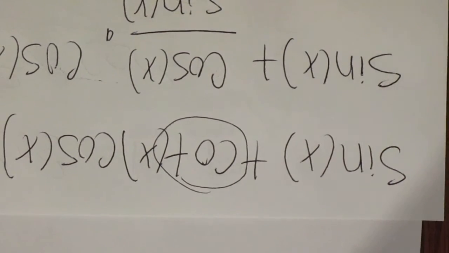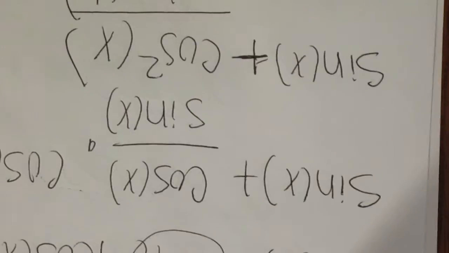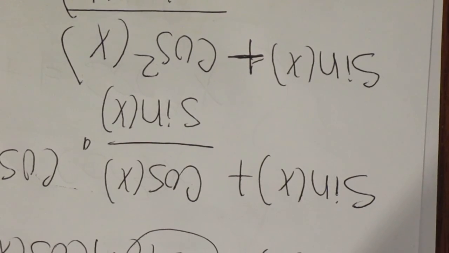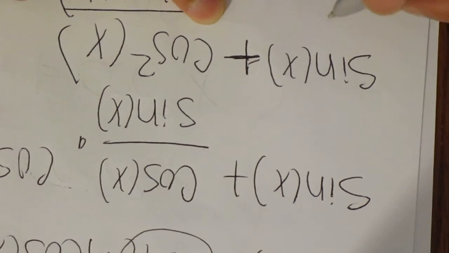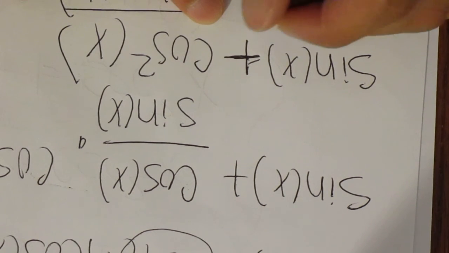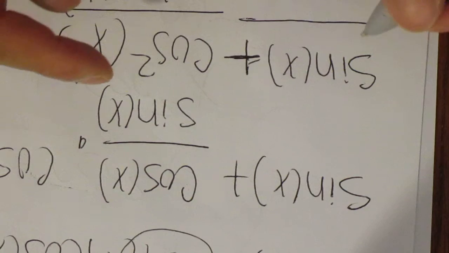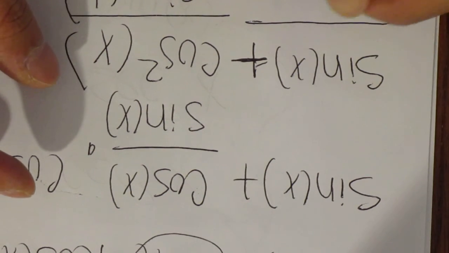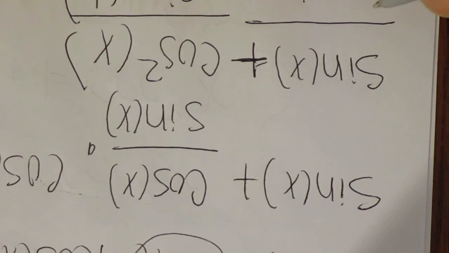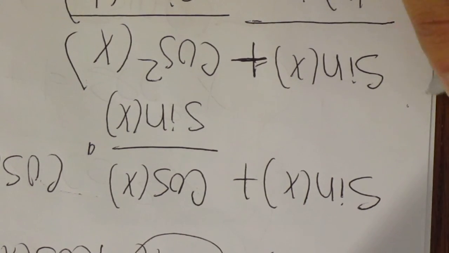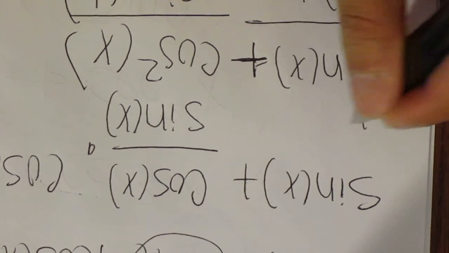Okay, so what would I do here? Since we're adding, we have to have the same LCD. Here's a 1, so we have to multiply this by sine of x, both sides.